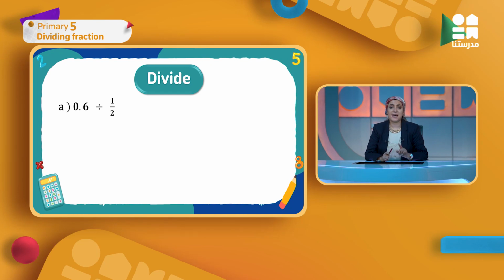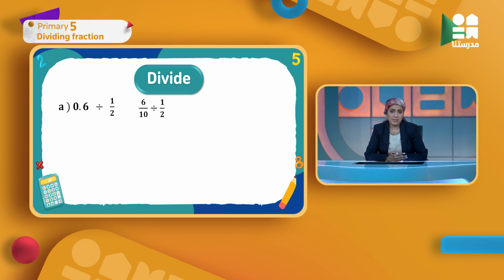Then I put this number over 10 or 100 or 1000 according to the place of the digit in the number. So here the 6 is in the first decimal place. This means that it is 6 over 10. So the answer will be 6 over 10 divided by 1 over 2.